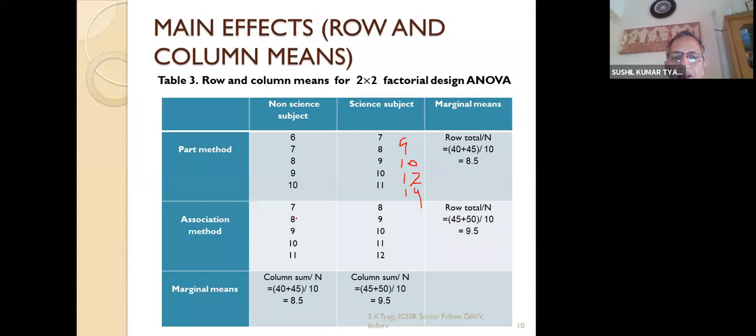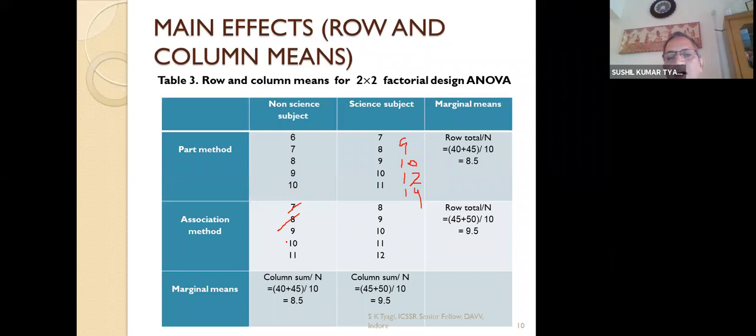Okay. And I delete, say, 7, 8 from here. So the sample size here is 5, and in this cell, 5 and 4, 9. In this cell, 5. In this cell, 3. So this becomes a two-way ANOVA of unequal sample size.